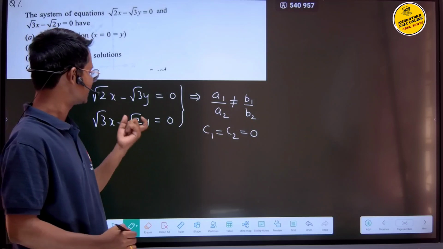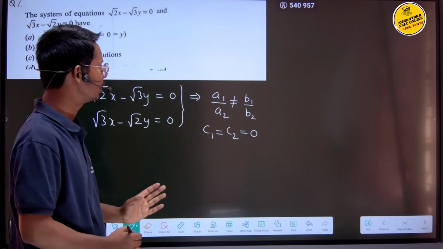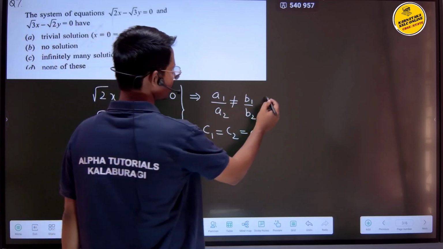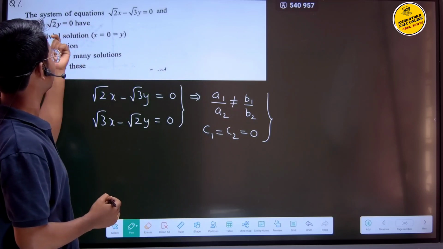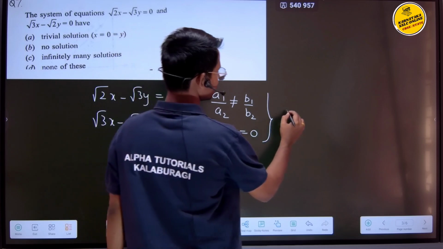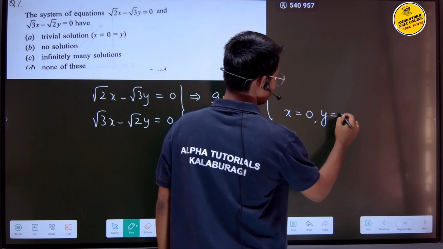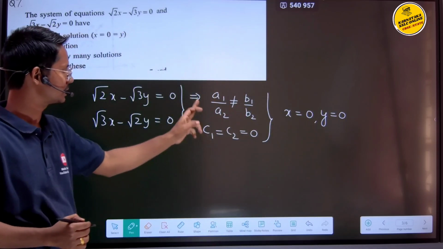Okay, so for such an equation where c1 and c2 equal to 0 and a1 by a2 does not equal b1 by b2, the solution, the x value and y value which satisfies both the equations, must be x equal to 0 and y equal to 0.